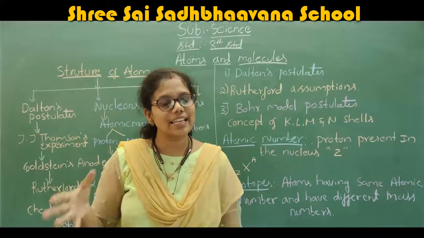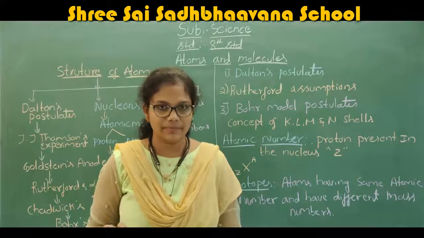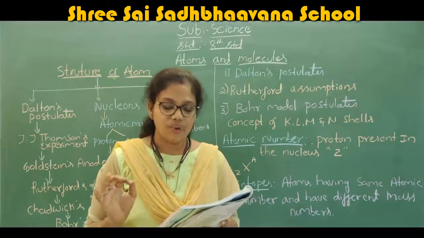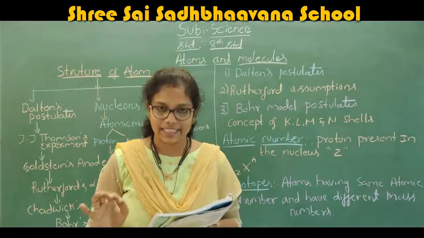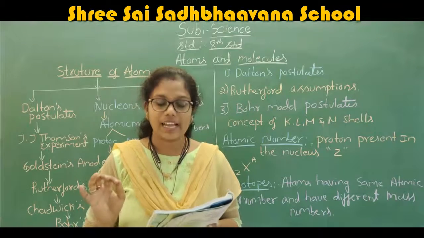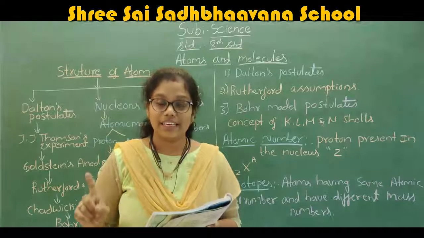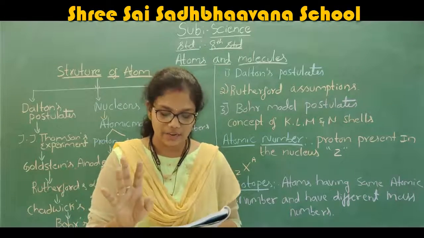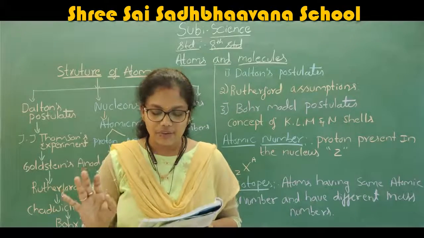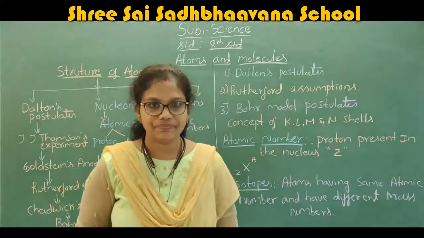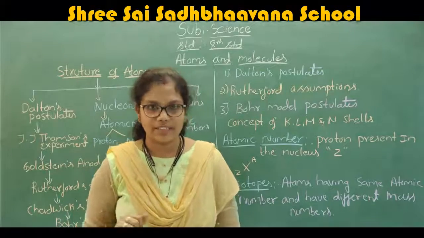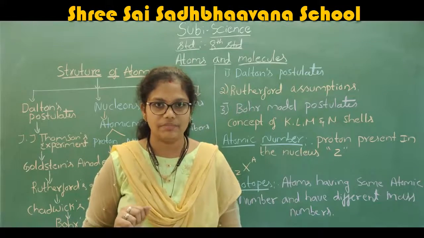That's the second postulate. All atoms of an element are identical in shape, mass and other properties among themselves, but are different from the atoms of other elements. If you see another element, the masses are different. This is the second postulate.